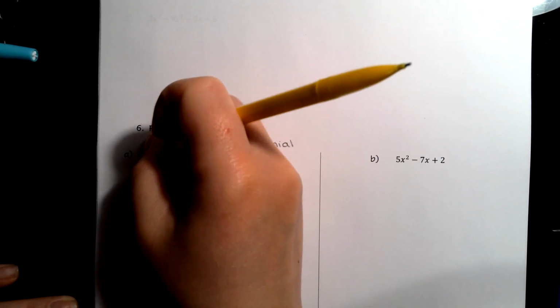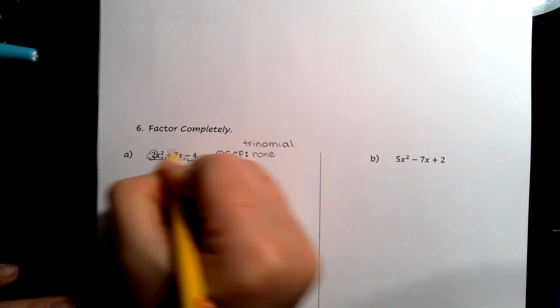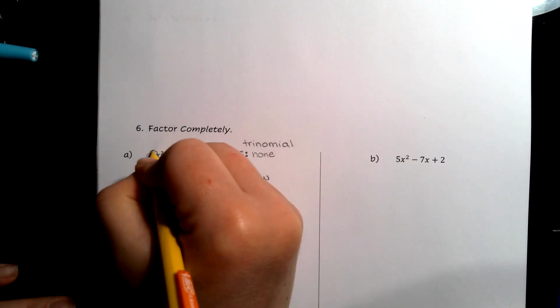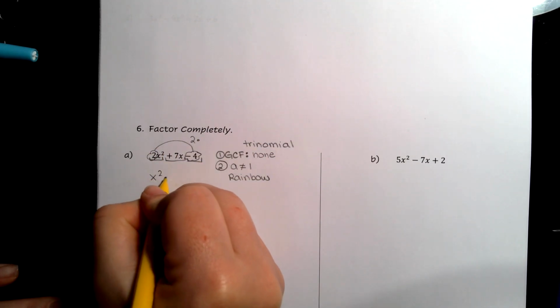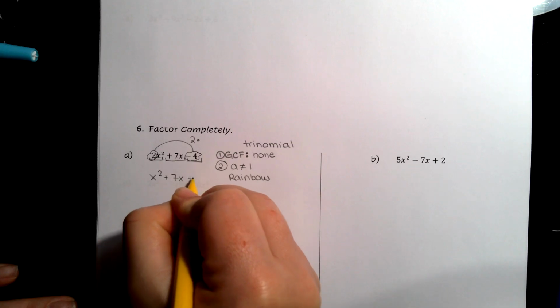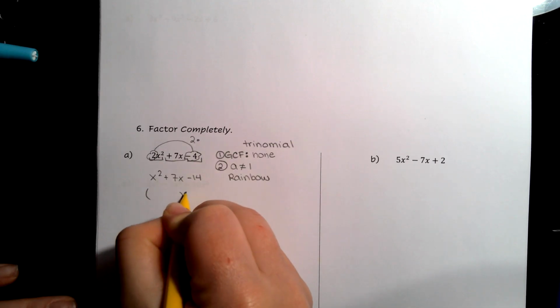So with the rainbow method, you're going to take a cloud, a bubble here, drag that 2 over, and so we have x squared plus 7x minus 14. We're going to factor here.